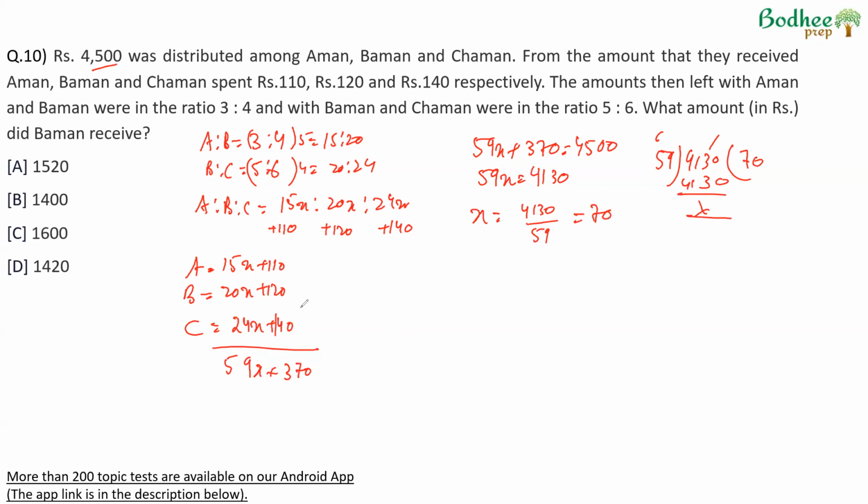We have to find the amount that B received. B received 20 into 70 plus 120, which is 1,400 plus 120, which is 1,520.